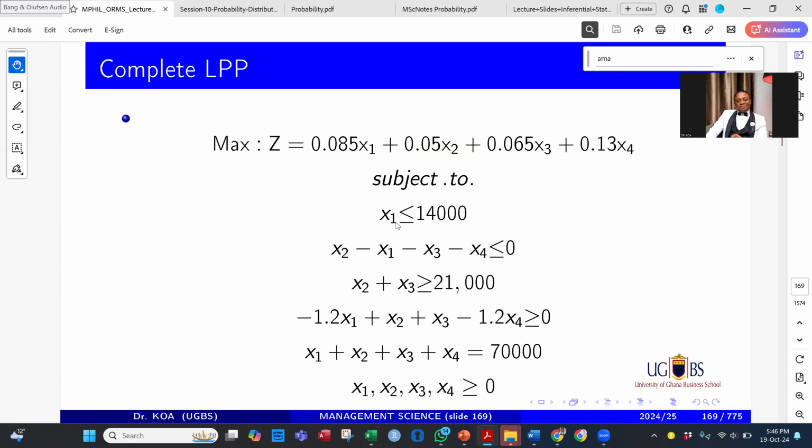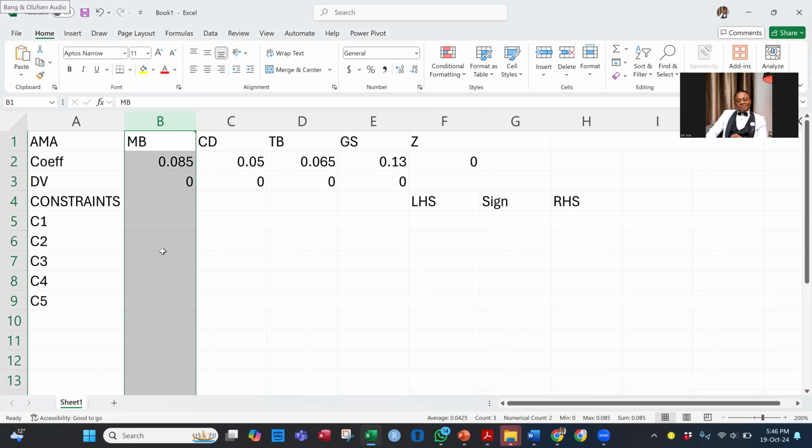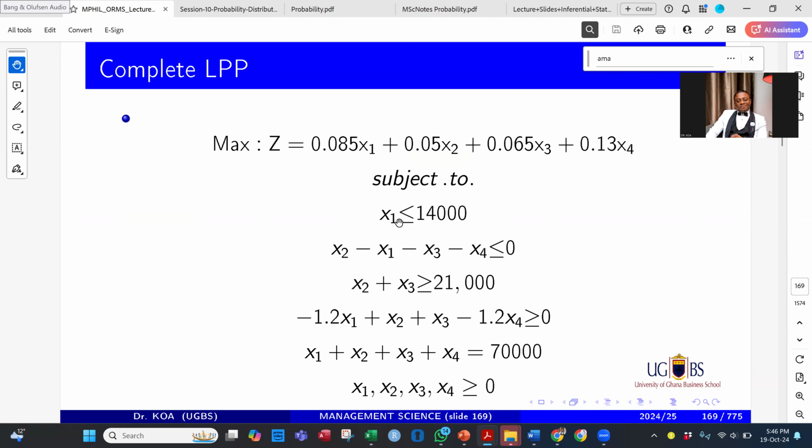There's only x1. So under the x1 column, for that constraint 1, I'll just write the value of the x1. When you look at it, x1, what value is in front of it? What value is in front of x1 in the first constraint? So that is 1. So write that.